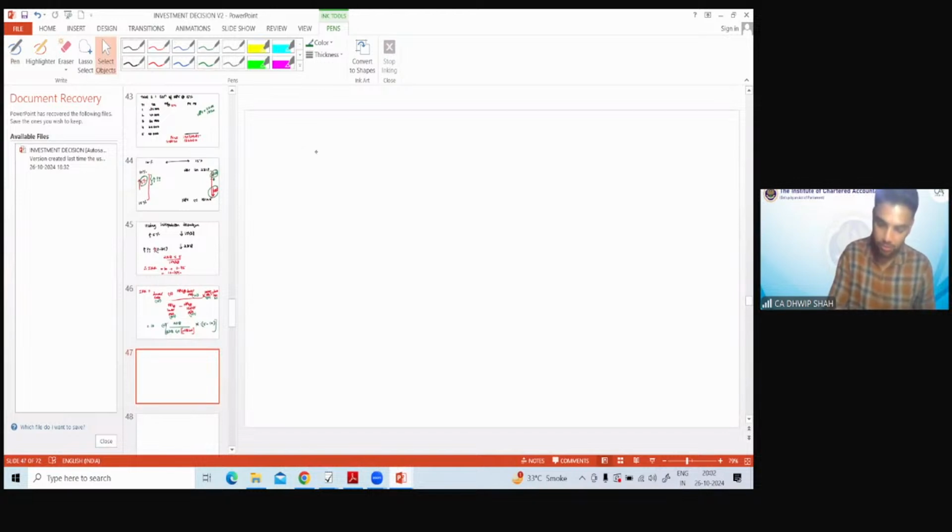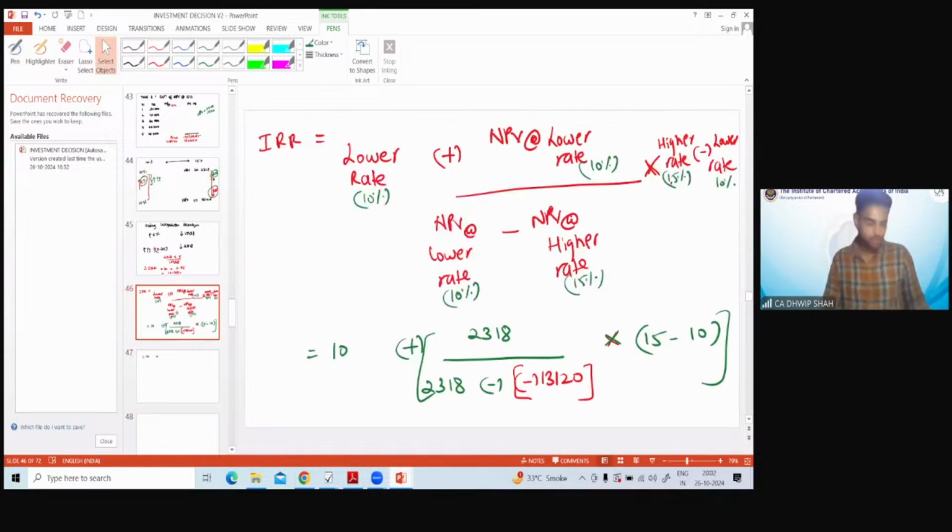So IRR is equal to 10 plus 2318 divided by 2318 minus, means it will be plus, 15438. 2318 divided by 15438 multiply by 5. ठीक है? तो वही आया 10.